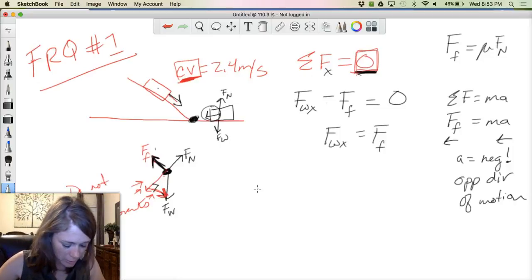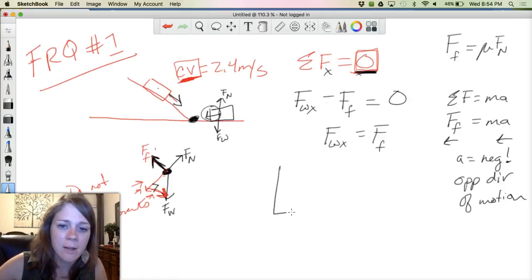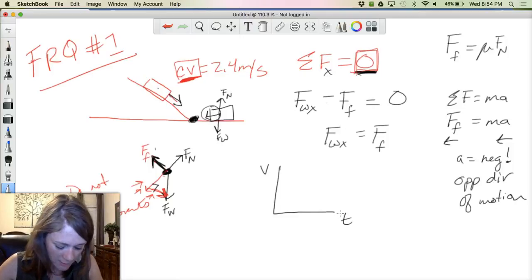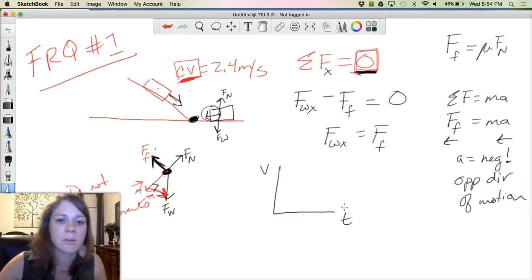So what they want us to do in E2 is to sketch the velocity time graph. So here's velocity, here's time. And they want us to include the sled's travel down the slope and across the horizontal ground.